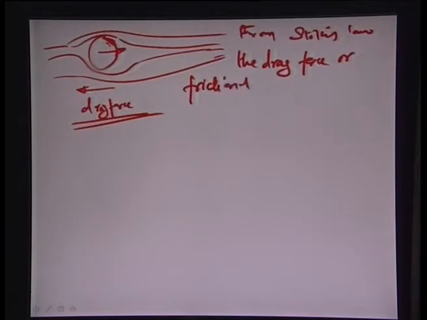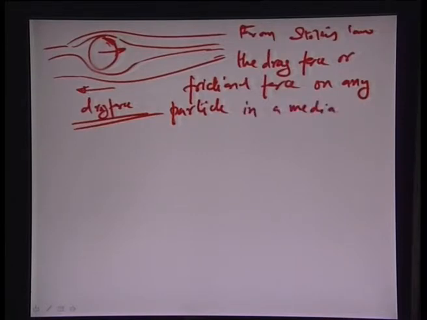This is a kind of frictional force that a particle faces once it flows through a medium. Okay, so it's a frictional force on any particle in a media due to viscous friction or viscous resistance.